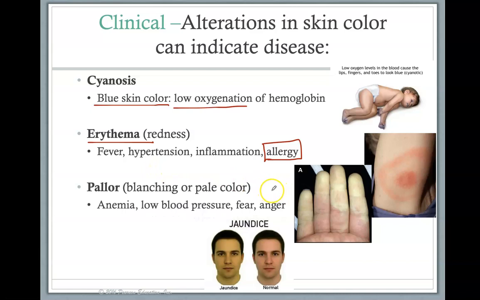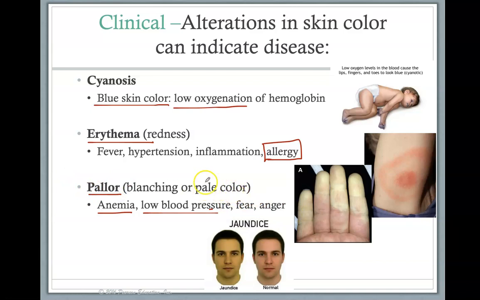Pallor is basically just this pale color, and this oftentimes happens in anemic individuals that have low blood pressure, or if you are in a moment of intense fear or anger, and your blood flow to your extremities decreases, you can get this pallor.